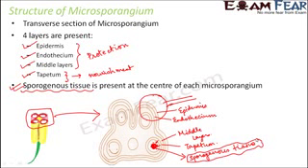Just now I was telling in the previous slide that microsporangium is that part which can produce spores. So from where will it produce spores? The spores will actually be produced by this sporogenous tissue which is present at the center of the microsporangium. And this tissue is present at the center of each microsporangium. So everywhere you have this sporogenous tissue. Now the question is how this sporogenous tissue gives rise to the male gametes.